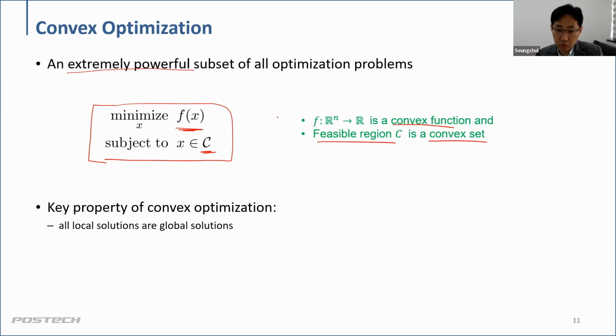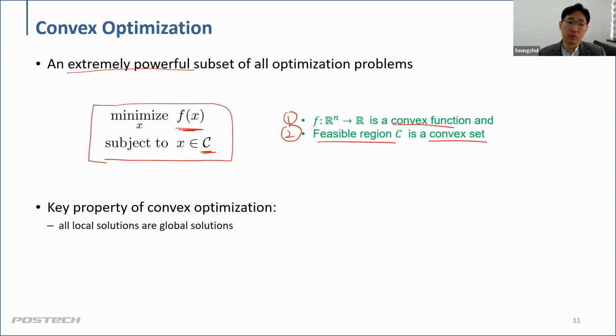So there are actually two conditions that have to be satisfied in order to say that this is a convex optimization problem. I didn't explain what convex functions and convex sets are yet, but I'm going to explain them in a minute.